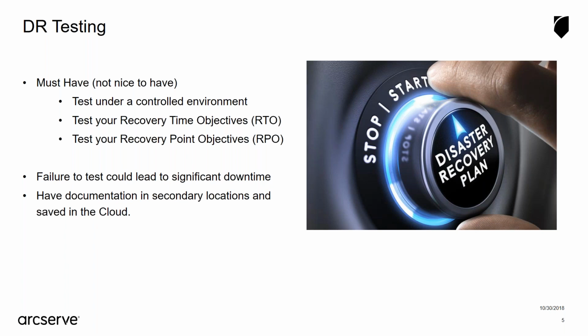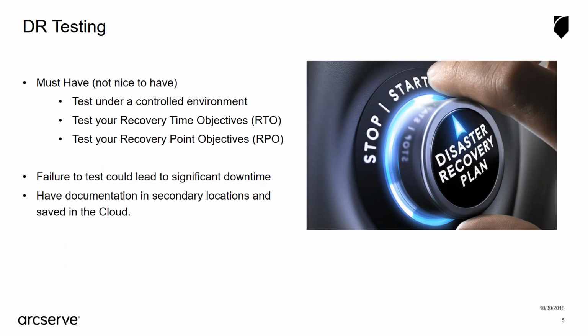Every customer should have a controlled virtual environment that they can do testing in without impacting their production environment. And if they don't, they should be asking the business for that. That should be a basic requirement for disaster recovery testing. Also, you should be able to test your recovery time objective and your recovery point objective. These are key to meeting the business SLAs. Often the RPO is very much overlooked.